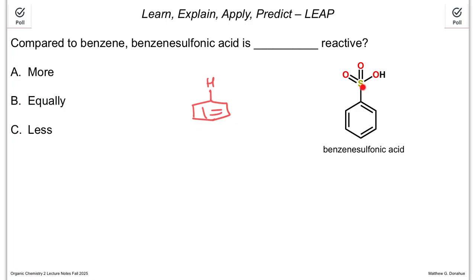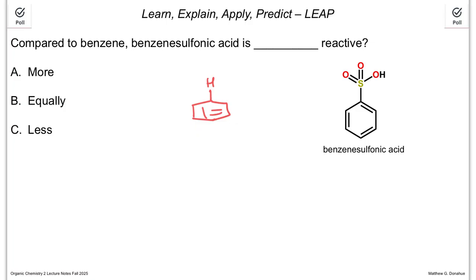So sulfur is a little weird because normally when you think of a heteroatom, there's a lone pair of electrons on it, but count the bonds to sulfur. It's way more than we're used to seeing, like 4 is the max, right?